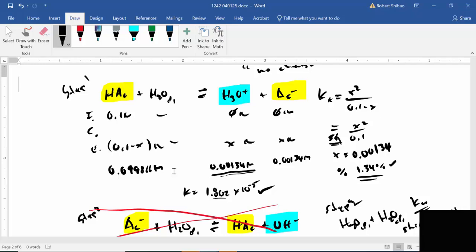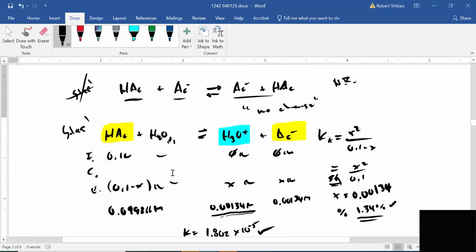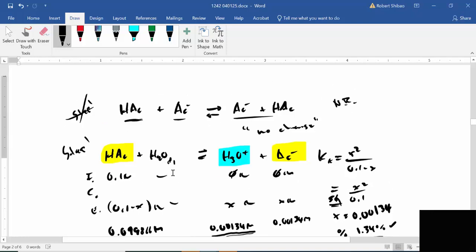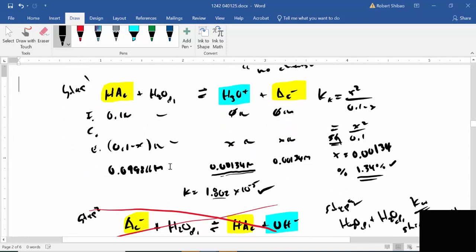I'm treating this as if this were just pure acetic acid, right? Nothing else. But there is something else in there. What was the mistake? Yes, that was my mistake.